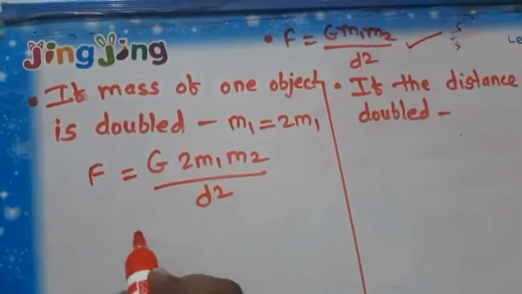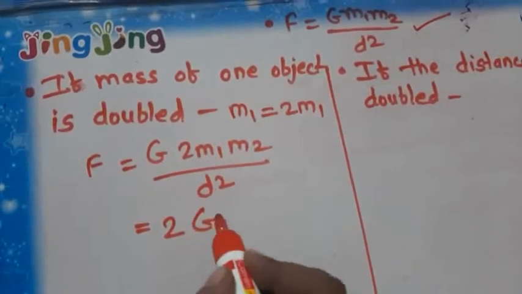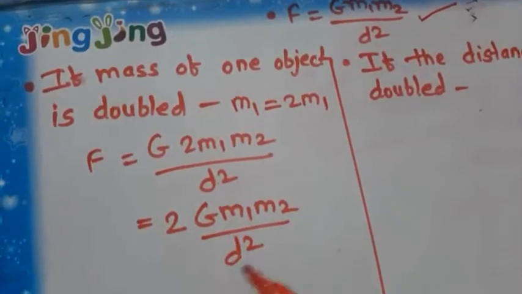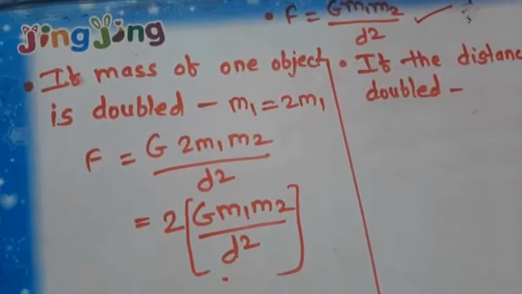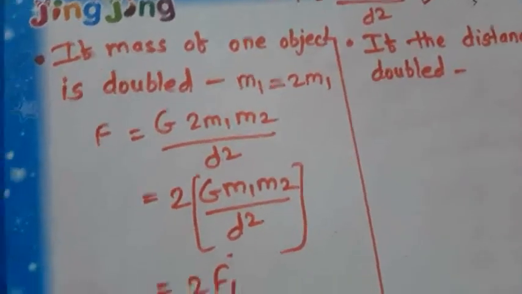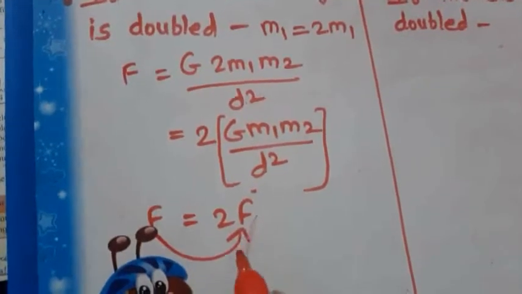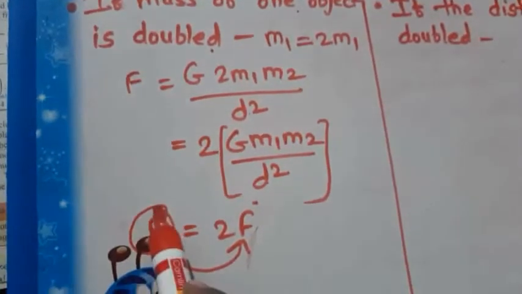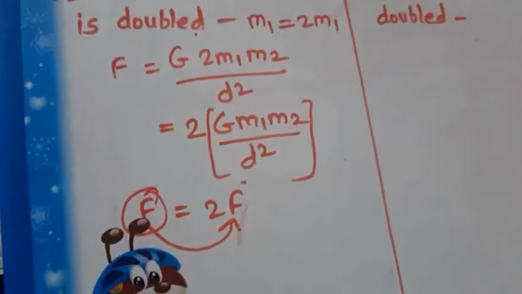This 2 I can take at the front separately: 2 G m1 m2 divided by d square. If you consider this, it is nothing but F. So it is 2F, that is, the force is doubled. If the mass of one object is doubled, the force of attraction between the two objects will get doubled.